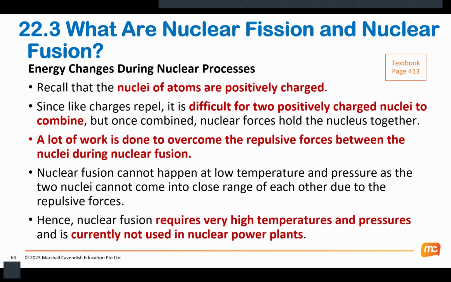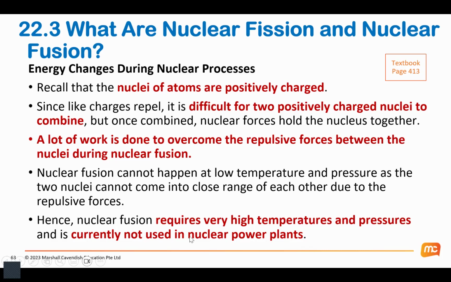In order to force two nuclei to come together, it is very difficult because they are both positively charged. Positive charge and positive charge will repel each other. So a lot of work needs to be done to overcome these repulsive forces between the nuclei during nuclear fusion. As a result, nuclear fusion requires very high temperature and very high pressure.